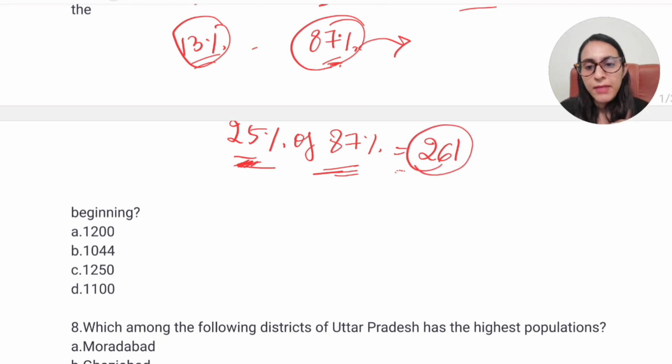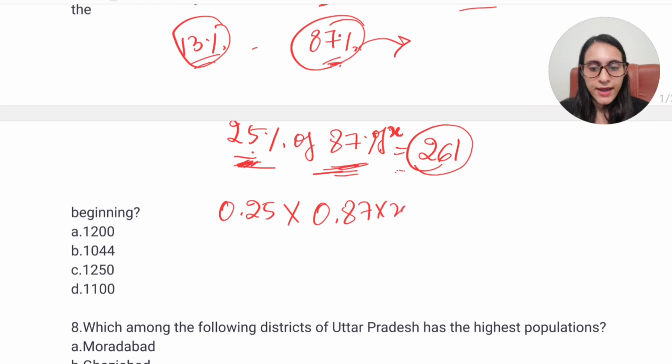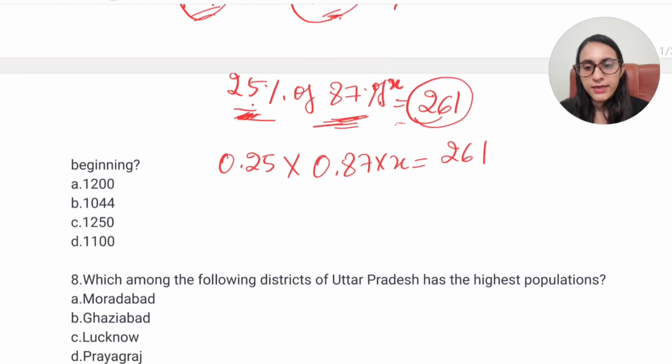To find out how many mangoes she initially had, we have to set up an equation. Let's say x be the initial number. So 25% of the 87% of x is 261. We can solve this equation. 0.25 into 0.87 into x is equal to 261. Now divide both the sides by 0.25 into 0.87 to isolate the x.